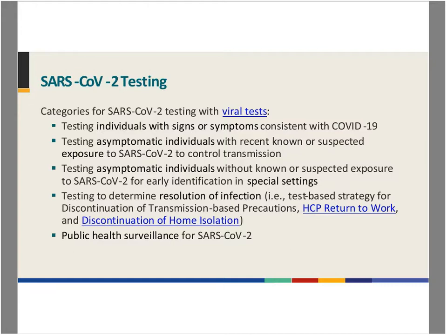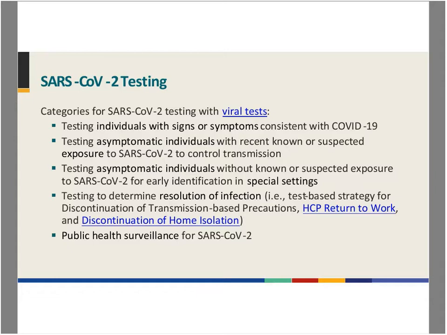Category 2 is about testing asymptomatic individuals with recent known or suspected exposure to SARS-CoV-2 to control transmission. And category 3, the third bullet there, is about testing asymptomatic individuals without known or suspected exposure, but for early identification of cases in special settings. And I'll talk a little bit more about both of these categories in the next slides.